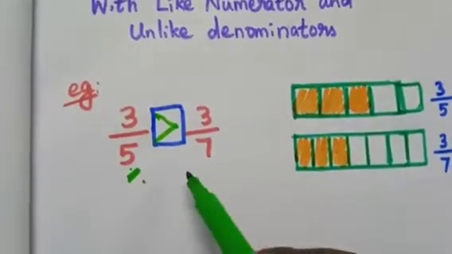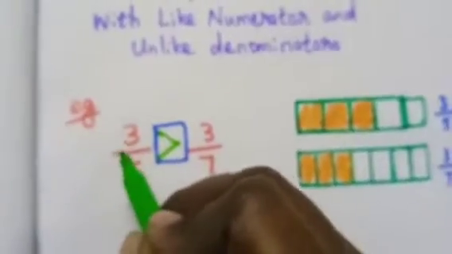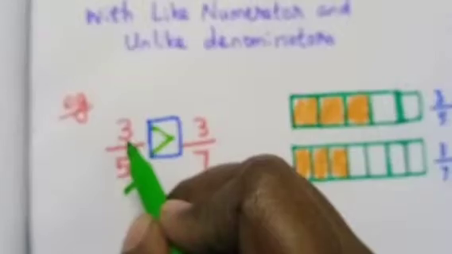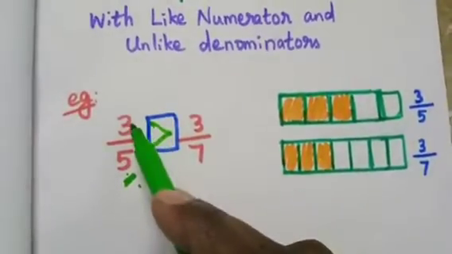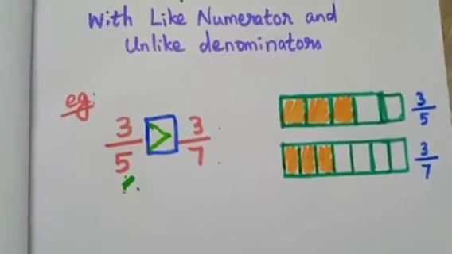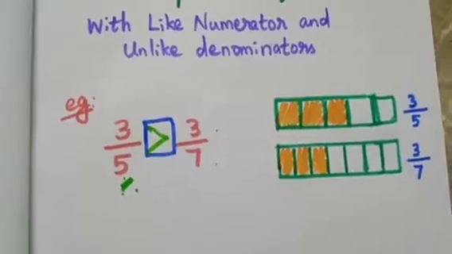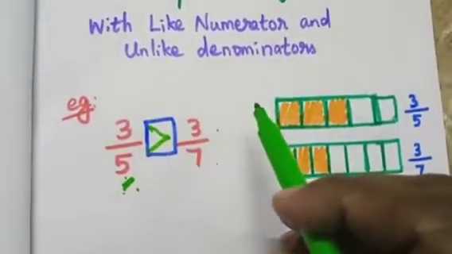Clear? When you compare fractions with like numerators and unlike denominators, the denominators are different here. So are you clear about like numerator and unlike denominators?